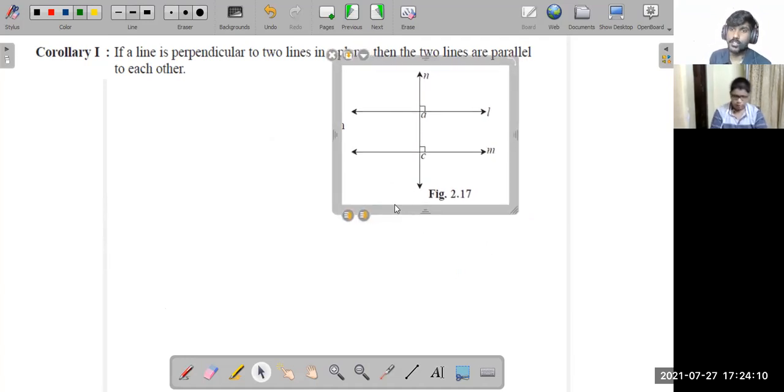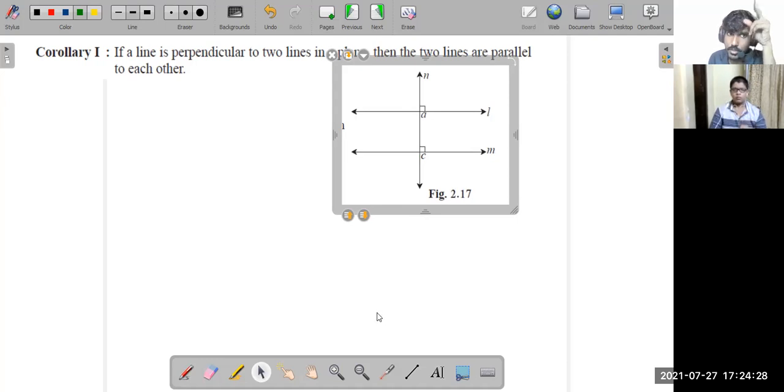So originally, we've seen three results for proving whether given lines are parallel to each other or not. These are just an extension or an addition to those three. Okay, that is the meaning of corollary.